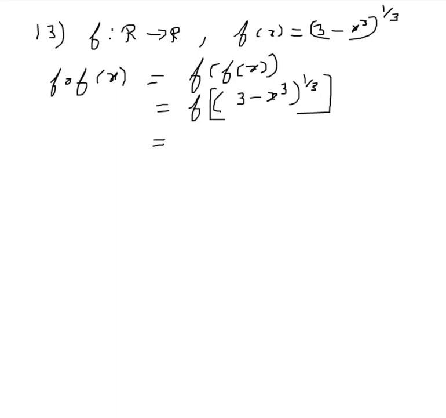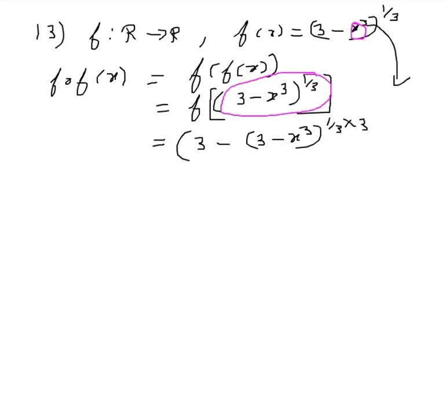Again F has to be applied. Wherever we have x, we will substitute this. This is our x now. So 3 minus x is this, and we have this cubed, and power 1 by 3.